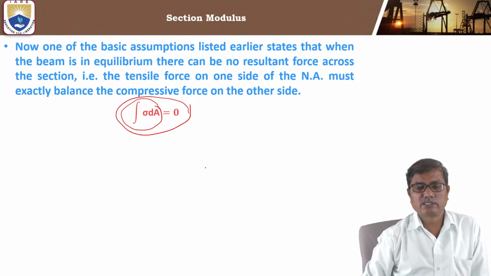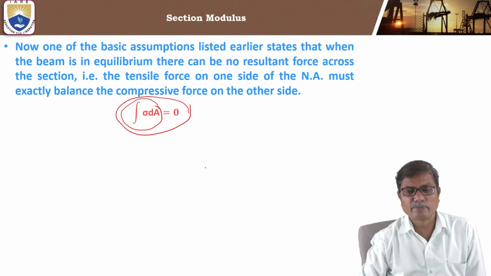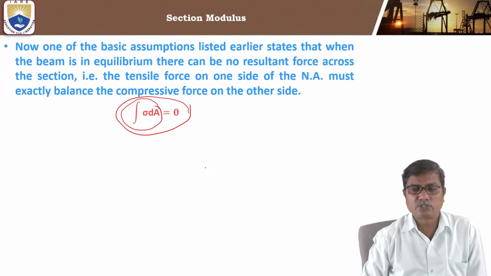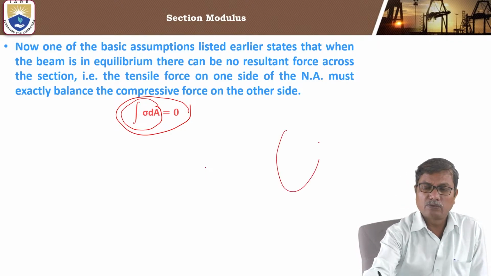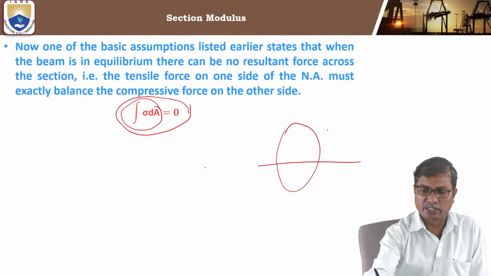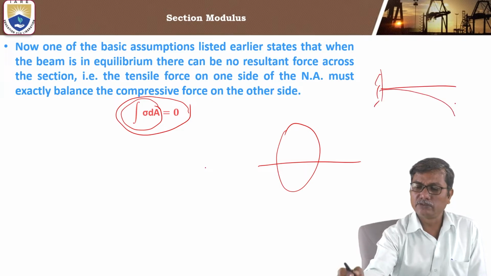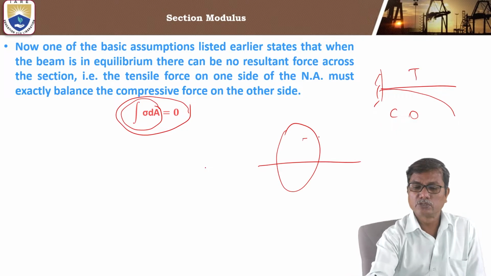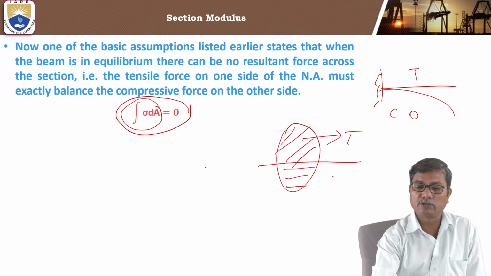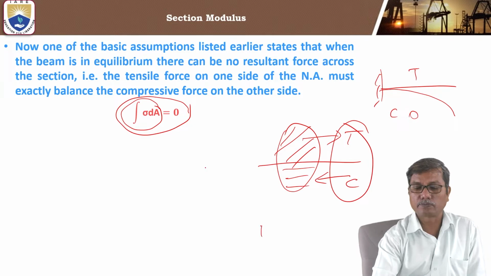That is, integral sigma dA is the resultant force acting on the cross section. That means you will have compressive force on one side in case of a cantilever which bends downwards: compressive force below and tensile force above. So on this area you will have tensile force and on this area you will have compressive force. So the net force must be 0.